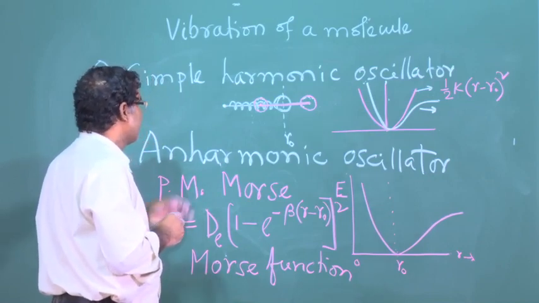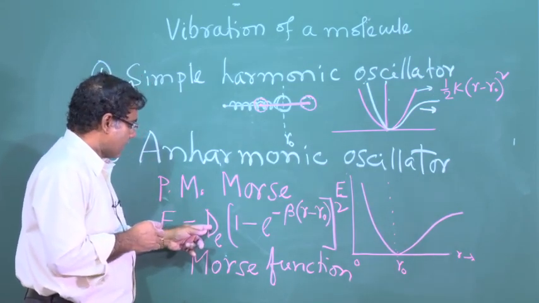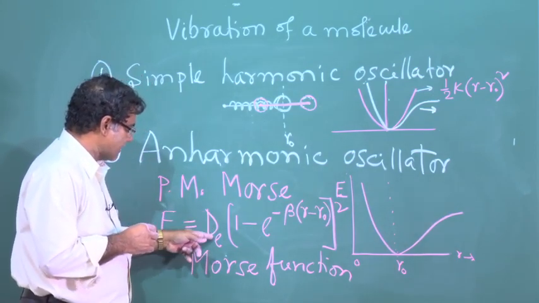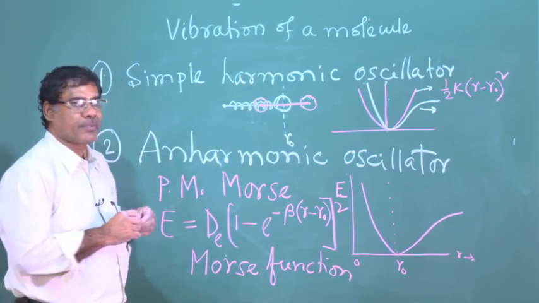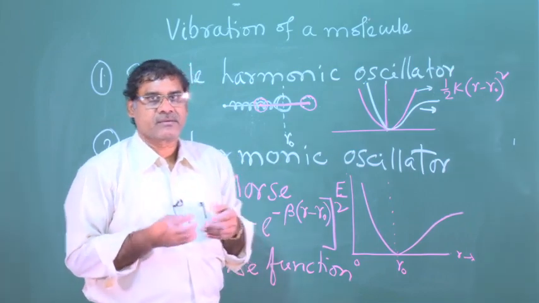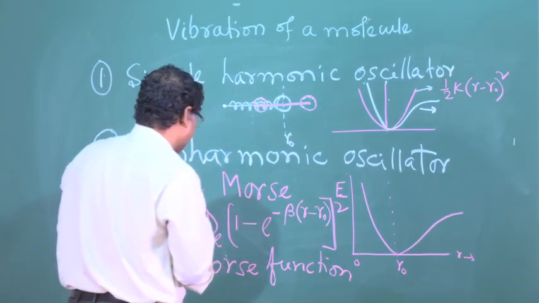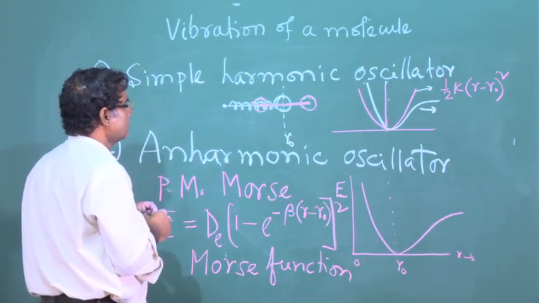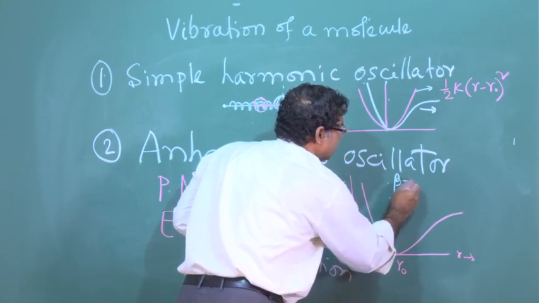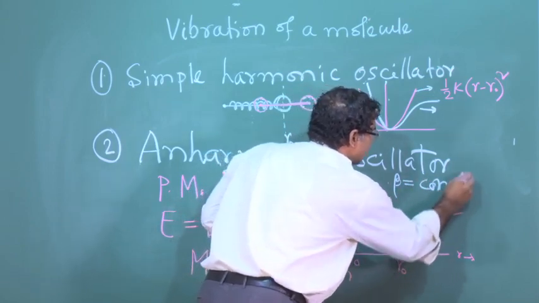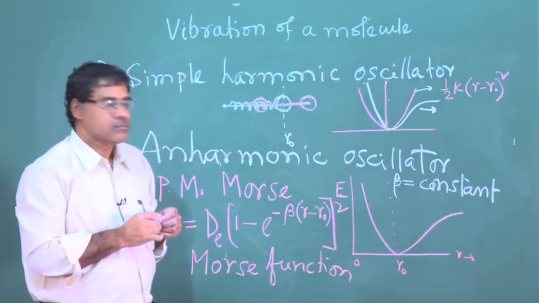I will write just that energy expression. Here the unknowns are D e and beta. Beta is a constant for a particular molecule.